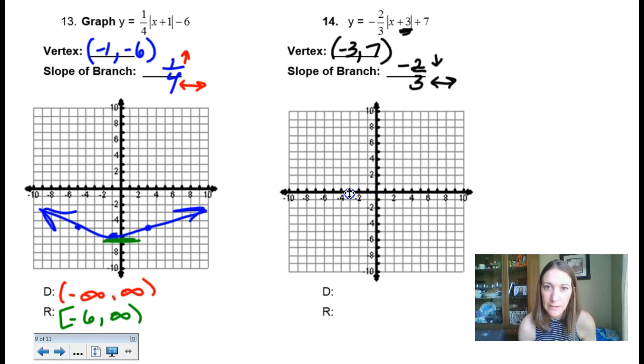All right, so -3, 7. And then slope of the branch is down 2 units, right 3 units, down 2 units, left 3 units. I feel like I didn't count that right. 1, 2, 3. Yes. 1, 2, 3. Okay.